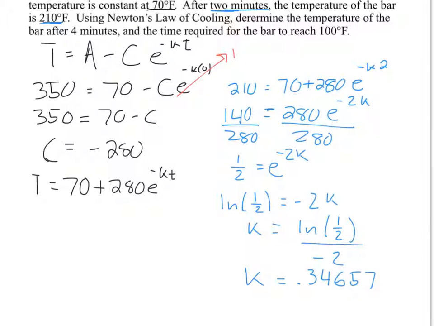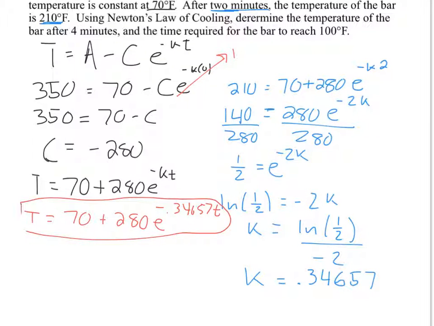So now we have our full-blown model. T equals 70 plus 280 e to the negative 0.34657 t. Sorry, that got real close to where we wrote that other stuff. And now I can go answer some questions.